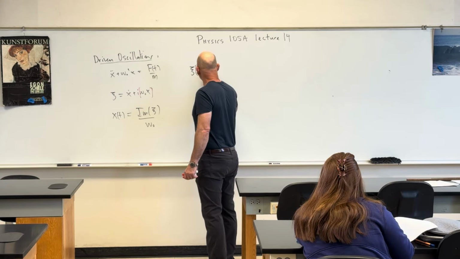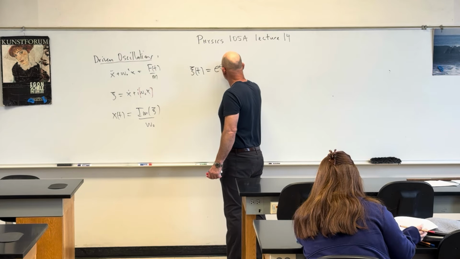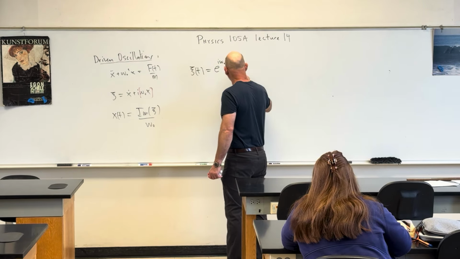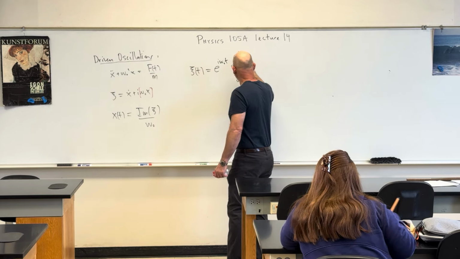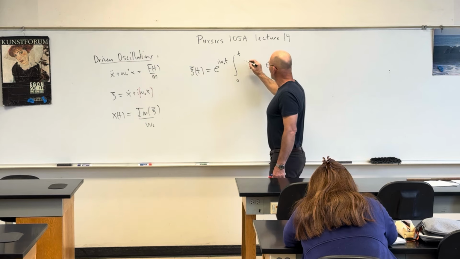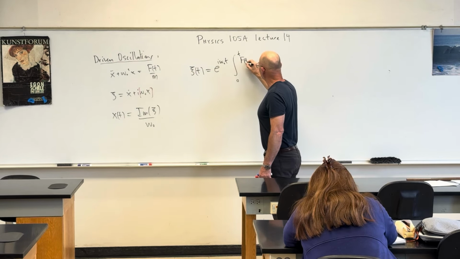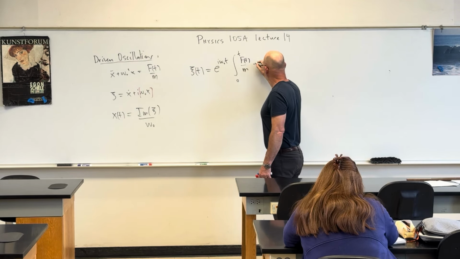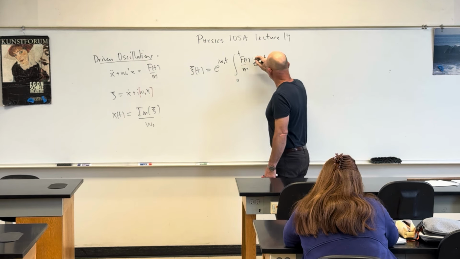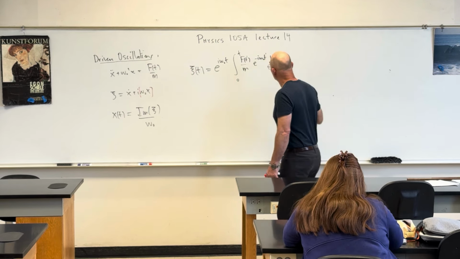C of t here was e to the i omega naught t, integral 0 to t. And we're going to let the initial condition be 0. So what do we have here? F of t over m, e to the minus i omega naught t' dt'. These are integration variables.